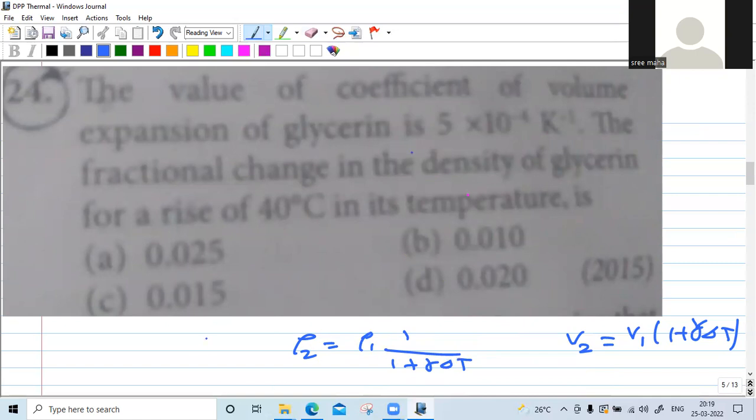Fractional change in density. Let's say the temperature has increased. So it's rho 1 minus rho 2, by rho 2. That's what I will find out.